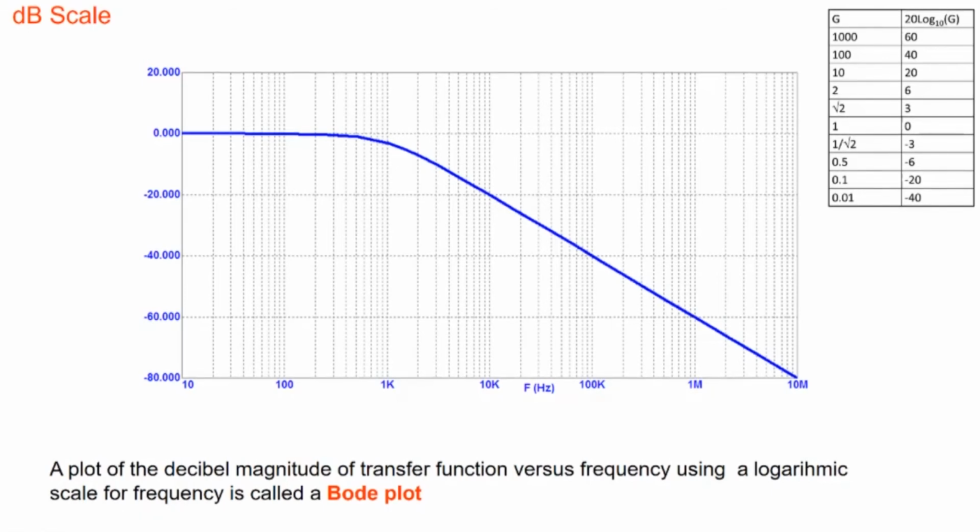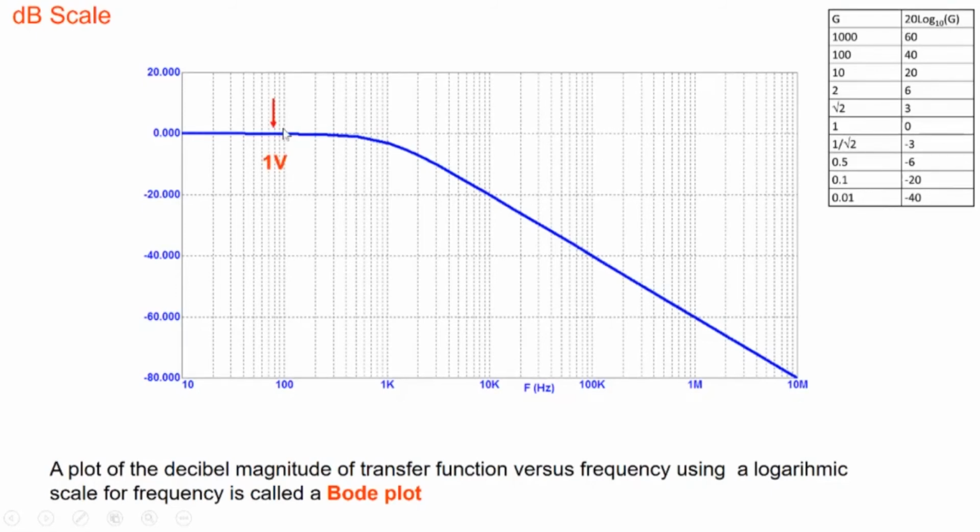So converting the magnitude of the transfer function into decibels and plotting it against frequency on a log scale is a standard plot that we use to understand the system. And in honor of the person who made a lot of contributions to frequency analysis of circuits, we call it a Bode plot.